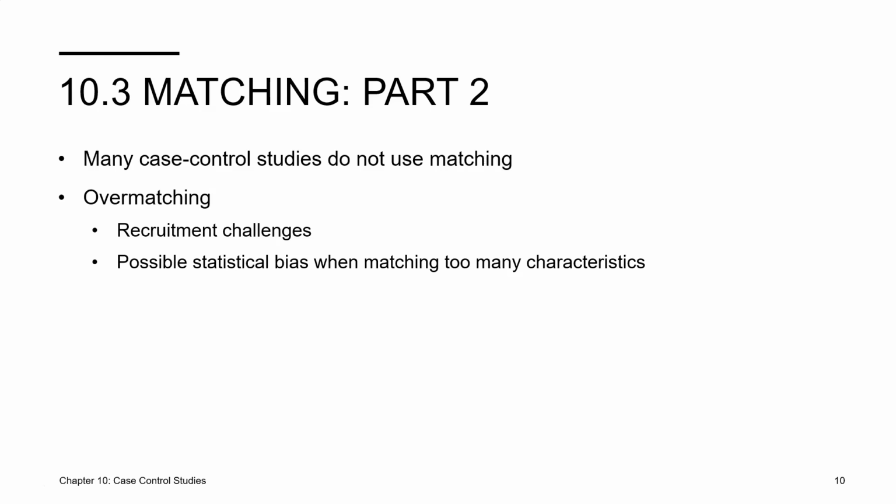With overmatching, there are recruitment challenges and possible statistical bias when matching on too many different characteristics. So instead of just matching on, say, sex, you may match on sex and age, then you may match on sex, age, and education level, but then you get into, are you really matching these people with that same background?